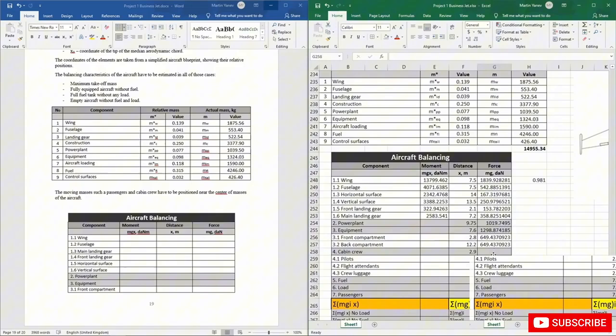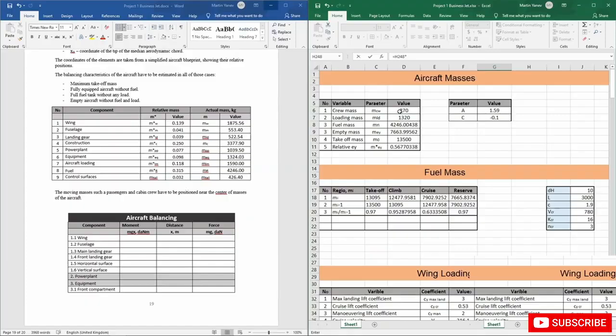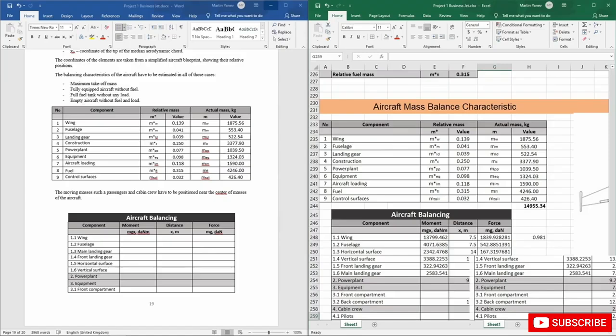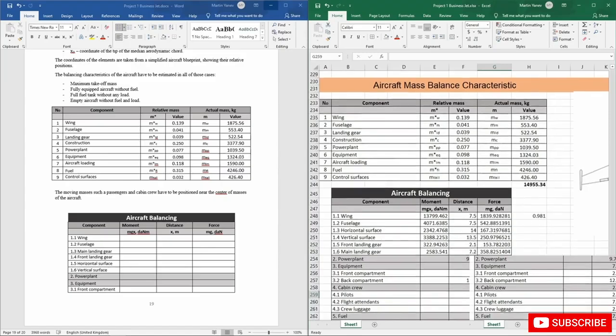Now the force produced by the cabin crew, we already have it actually, so this will be equal to this coefficient here, and we need to multiply this by the mass of the cabin crew, which is up there. That's right, so it's 270, the cabin crew mass, and we get the force obviously produced by this moment.